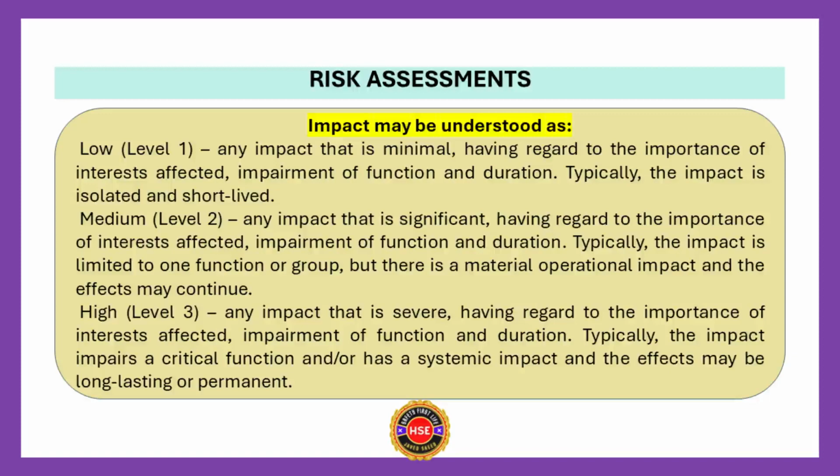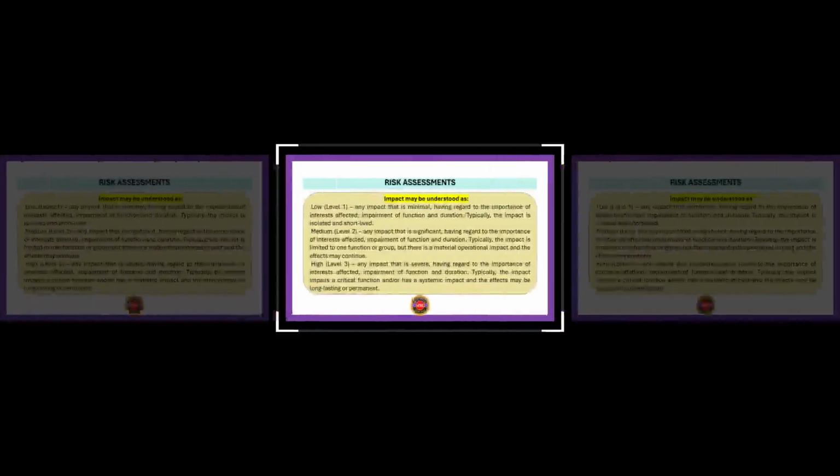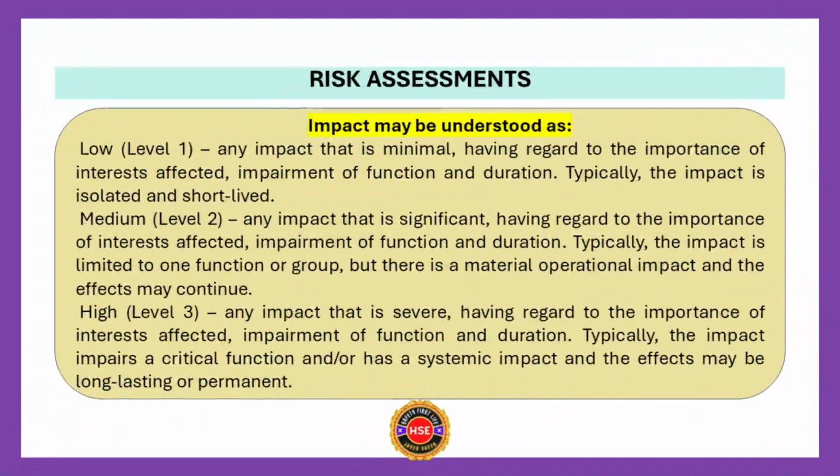High, this is level 3: any impact that is severe, having regard to the importance of interests affected, impairment of function and duration. Typically, the impact impairs a critical function and or has a systemic impact, and the effects may be long-lasting or permanent.